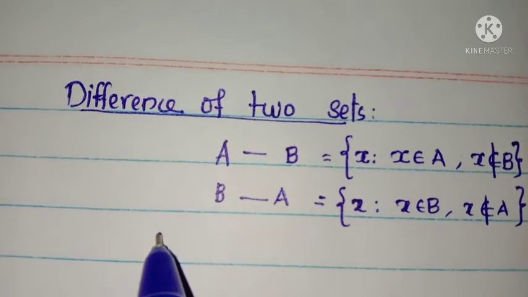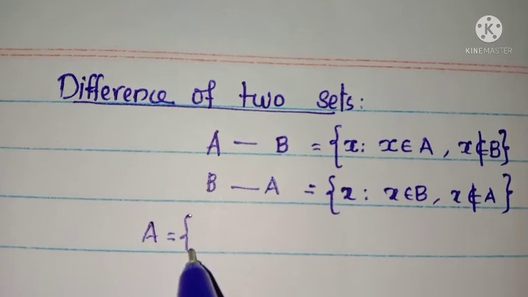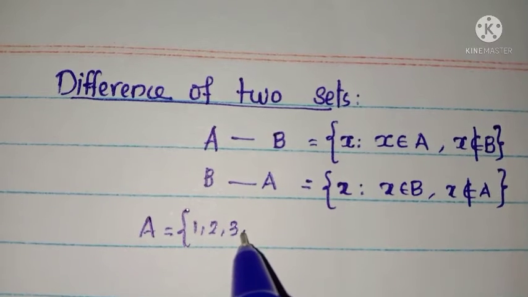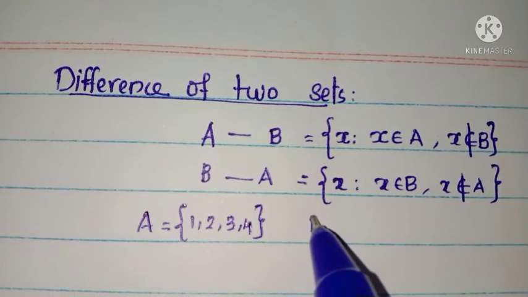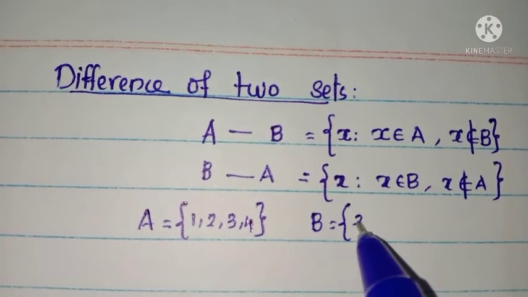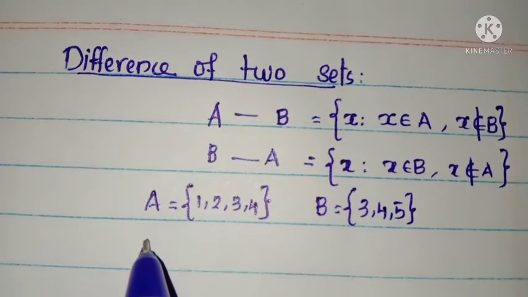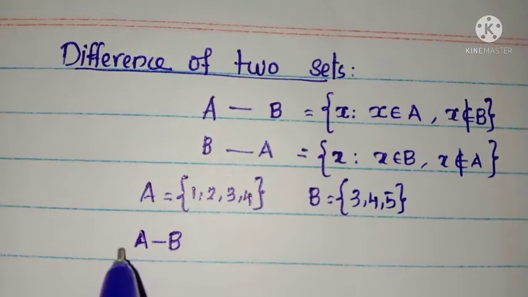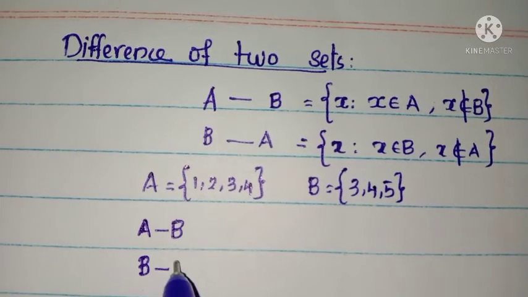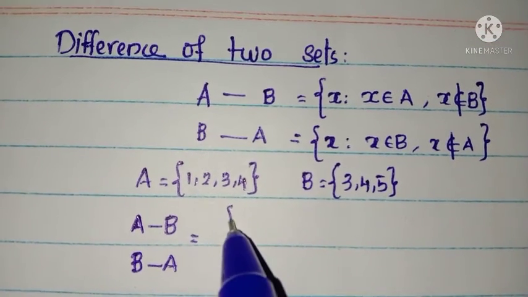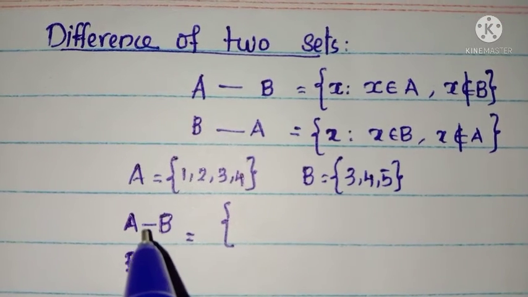Listen, an example. Suppose we have a set A equal to {1, 2, 3, 4} and B equal to the set {3, 4, 5}. Now we can define the difference of these sets as A minus B as well as B minus A. Now listen, what is A minus B?